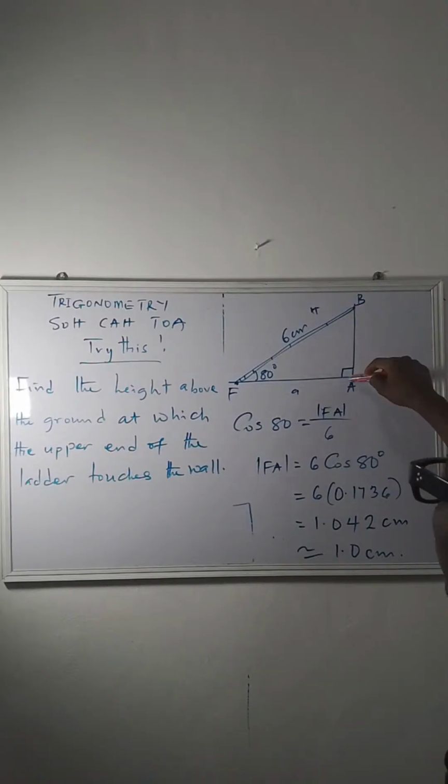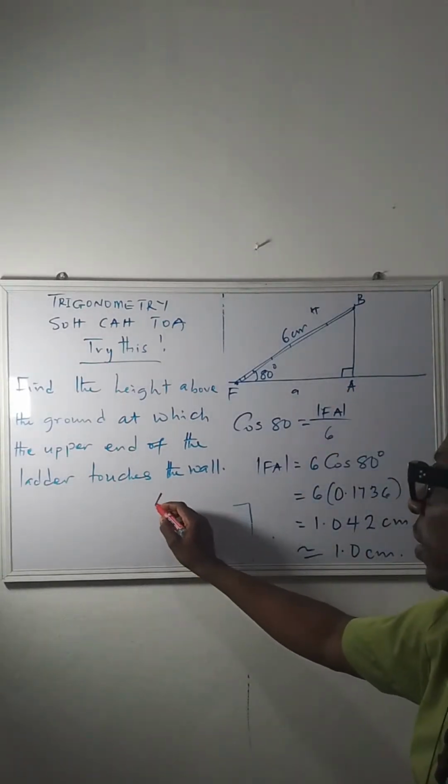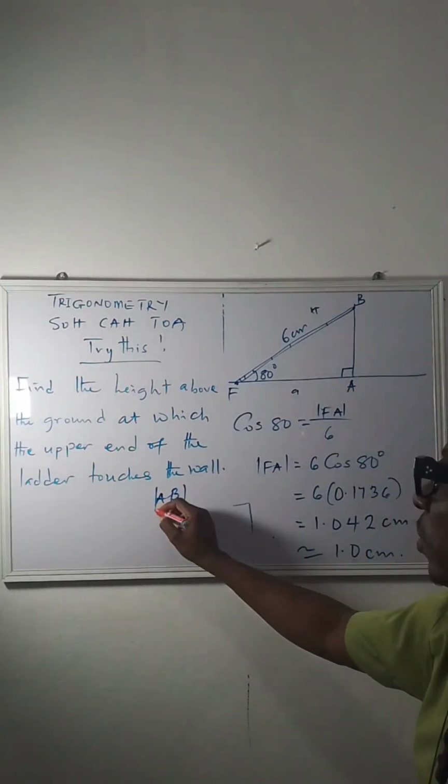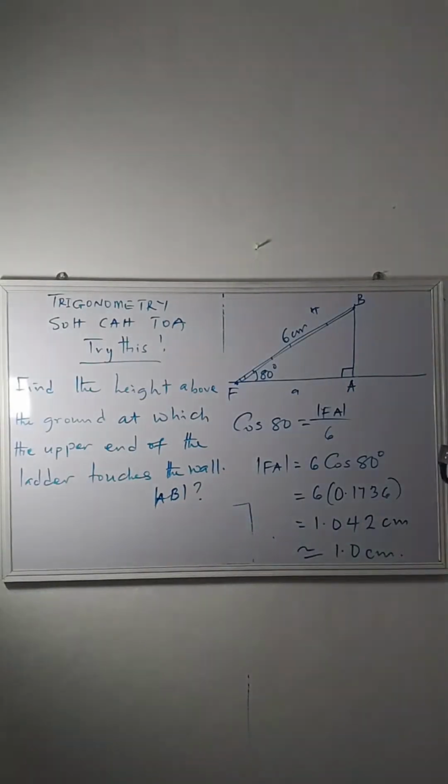So what you are looking for is length AB. Can you do that in 2 minutes? After that, we solve the problem together. So try that and let's see what you have. Once you get your answer, you drop that in the comment section.